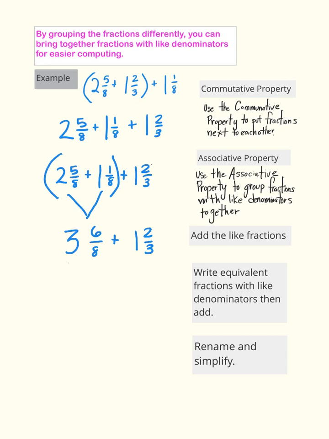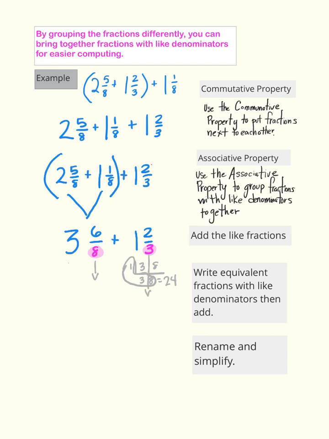Now I'm going to write equivalent fractions with like denominators, then add. So now I have to figure out, I have to make these equivalent fractions. So I have to find the ladder method. So my common denominator is 24. So that means I need to turn this with a denominator of 4 and this with a denominator of 3.